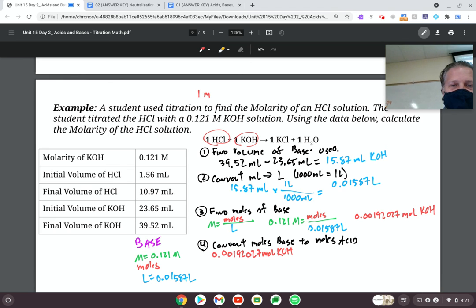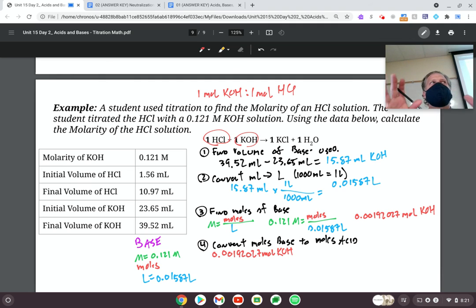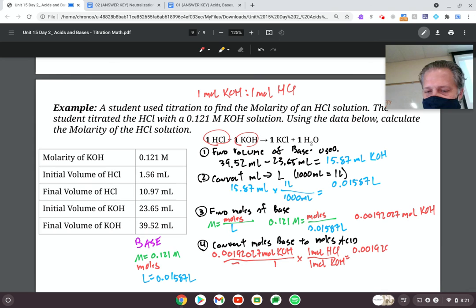So the ratio is 1 mole of KOH for every 1 mole of HCl. And yes, I know some of you are saying, but V, when it's a 1-to-1, do I have to show the math? And the answer is yes, you do have to show the math. So I'm going to put that over 1. And I'm going to take my 1 mole of HCl and my 1 mole KOH. And I'm going to get my 0.0019227 moles of HCl.